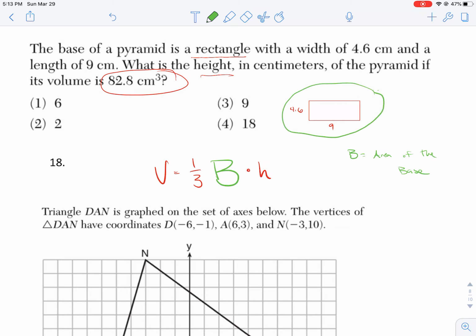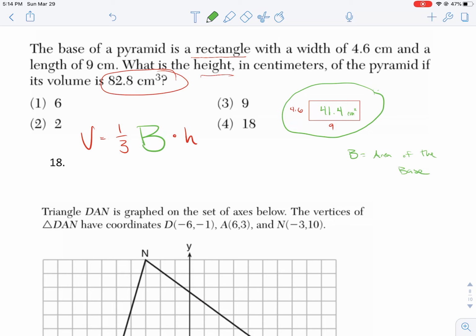And therefore, in order to find the area of the base, we're going to multiply 4.6 times 9. You should get 41.4 centimeters squared. And that is the area of our base.